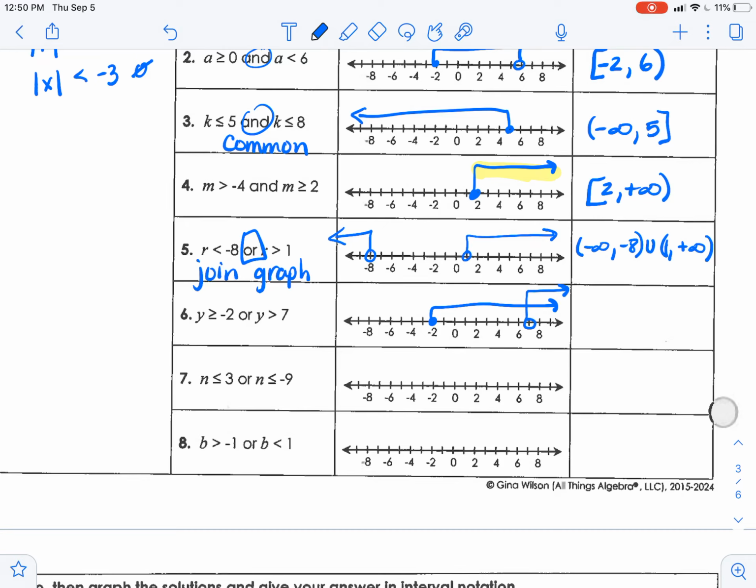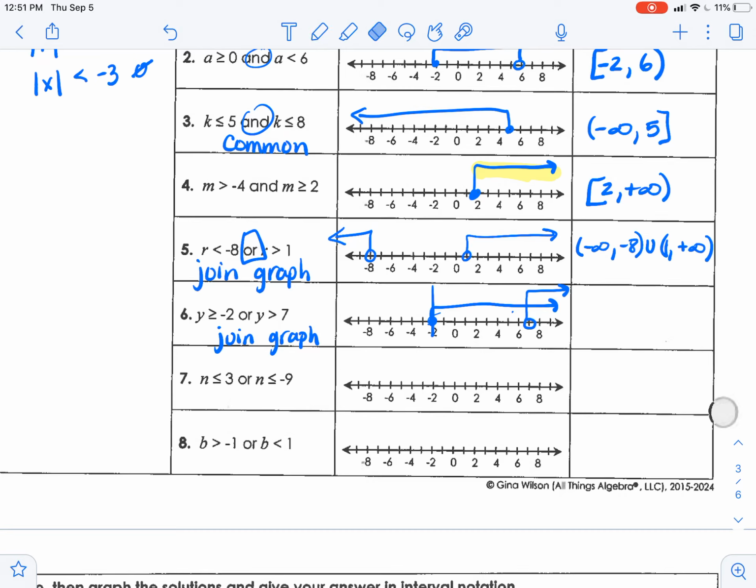Now again, I'm joining the graphs. If you see it graphed, then it's got to be part of your answer. So I see numbers graphed here, I see numbers graphed there. So my answer is going to be everything from here to the right.